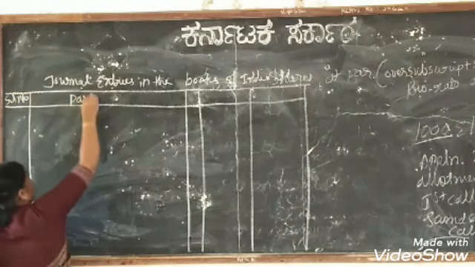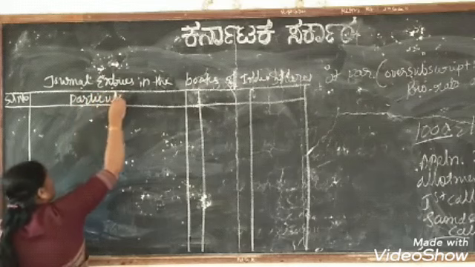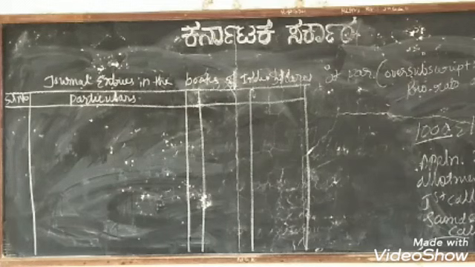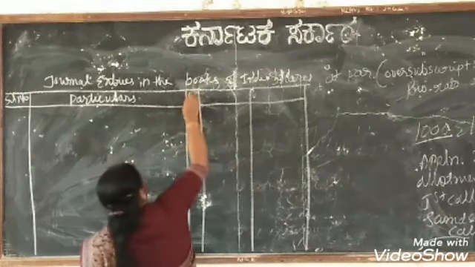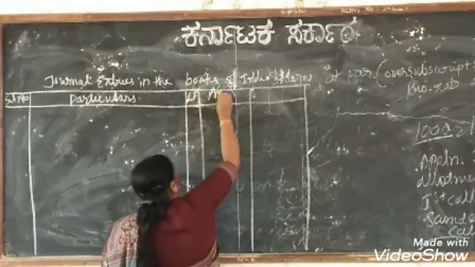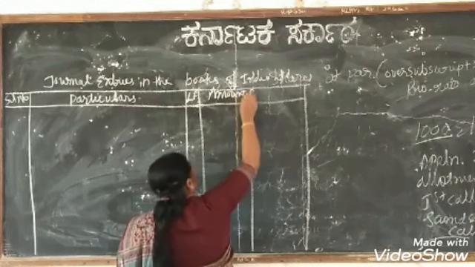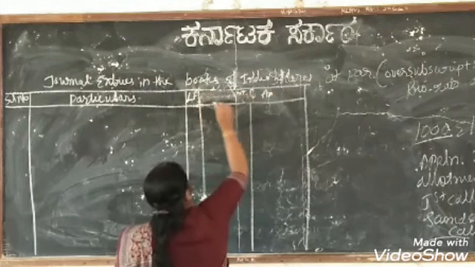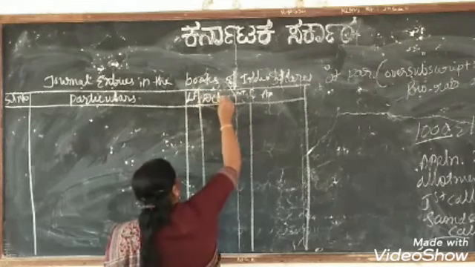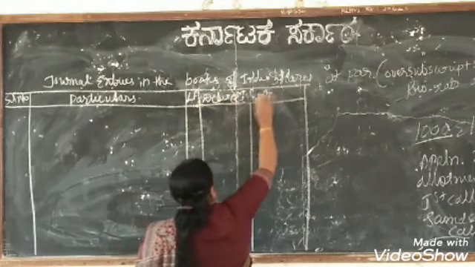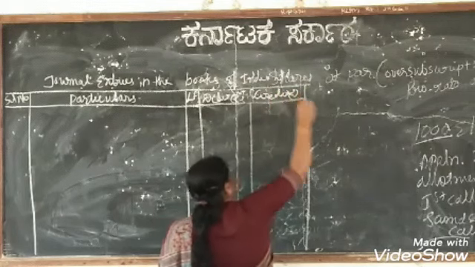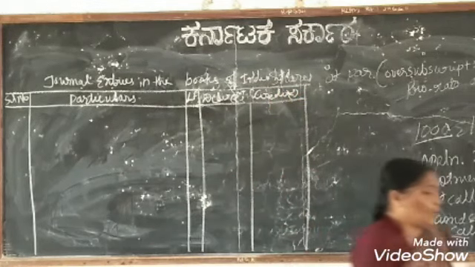Particulars, then ledger folio, then debit in terms of rupees, credit in terms of rupees.